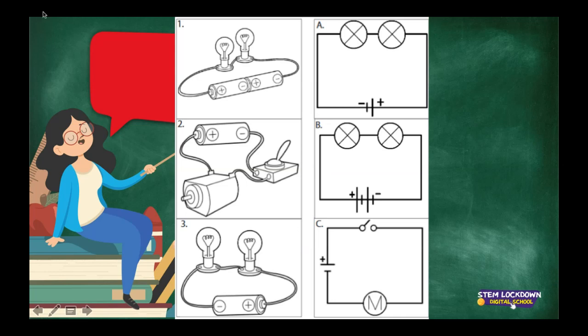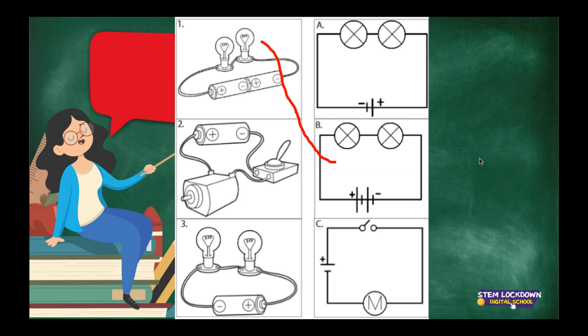All right, cool, guys. Thank you. Let's have a look at the answers. We've got 1B, so 2 light bulbs and 2 batteries. Now look at the symbols: positive charge, negative charge, positive charge, negative charge. You need to remember this, guys. Positive is always the long line, negative is the short line.